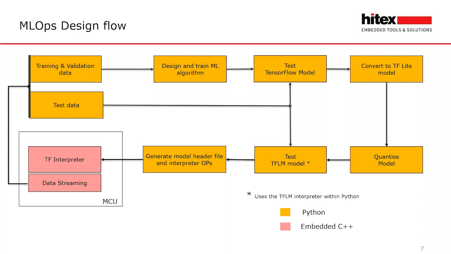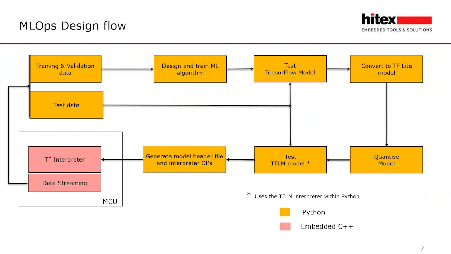And once we've got the inference running on our microcontroller, we'll probably still want to acquire data and stream that back so that we can go around the whole loop a number of times. So once we've deployed our initial machine learning algorithm, we'll still be acquiring data to retrain it and improve it over time.